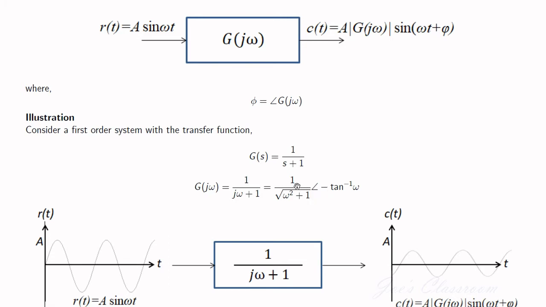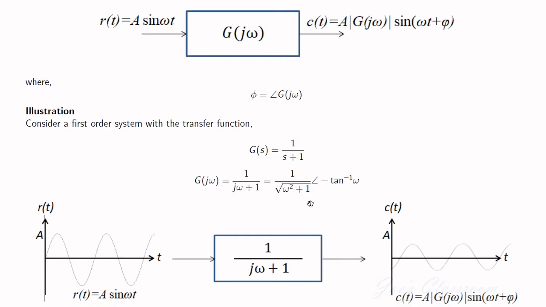The magnitude is given by 1 by root of omega square plus 1, and the angle is given by minus tan inverse of omega. So if I give a sinusoidal signal as an input to this system, I will have another sinusoidal signal at the output. Only the magnitude will get changed, with an addition of phase angle.